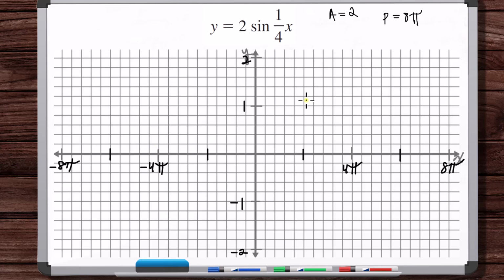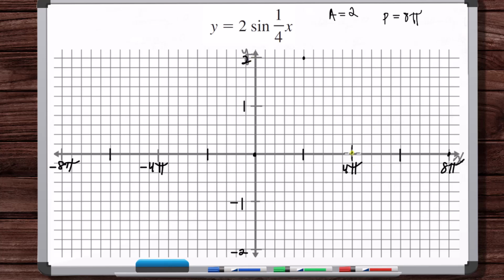Okay, so it's the sine graph. So at the origin we're going to be at 0, and then we're going to end at 0 at the end of the period. Now we're going to start going up here. There will be a peak at the first point, and the amplitude is 2.